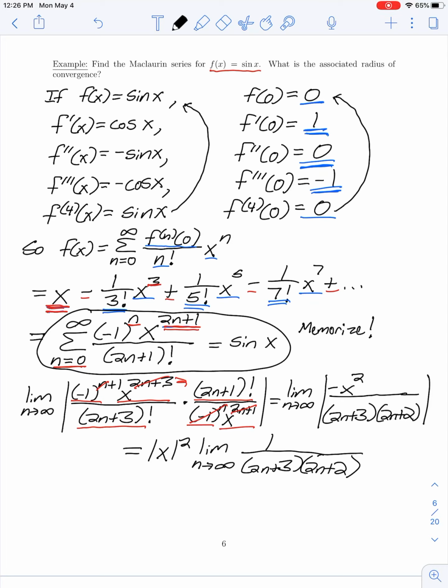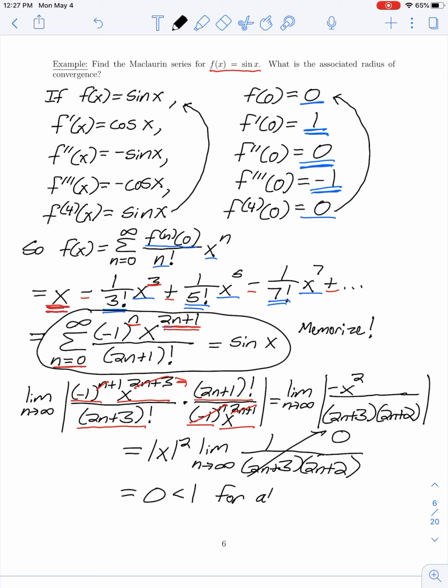So this limit, as n gets larger, we have 1 over a larger and larger quantity, so this ratio is approaching 0. So regardless of the value of the absolute value of x squared out in front, we get a 0 limit which is less than 1.